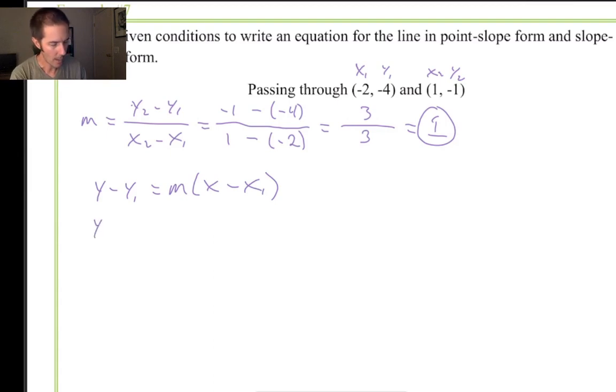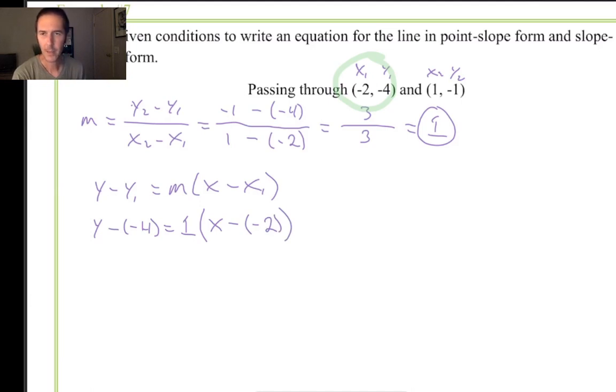I'm going to keep the y and the minus sign, and then I'm going to replace y1 with what we've already designated as y1. So that's going to be the -4, which I'll put in parentheses again, equals, we calculated m. You don't really need to write the 1, but I'm going to write it initially, times the quantity x minus our x1 value we decided was the x-coordinate of that first point, which was -2. And this is the equation of our line.